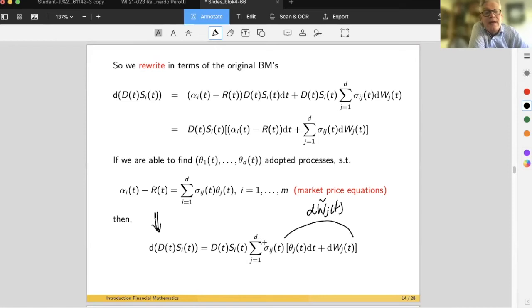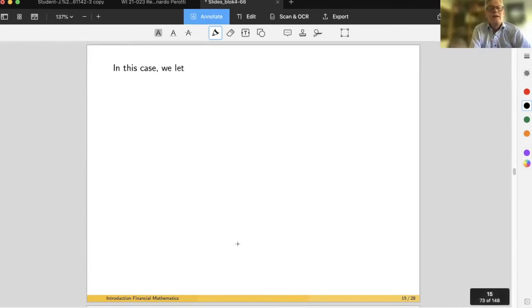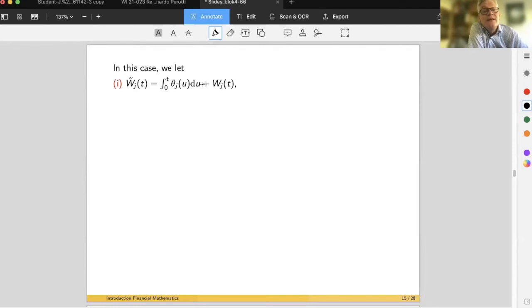If we can write this as a dW tilde j(t), we will end up with a martingale. So, first of all, if we let W tilde j(t) be this integral from 0 to t of theta j(u) du plus W j(t), like we just mentioned, we do Girsanov's theorem.